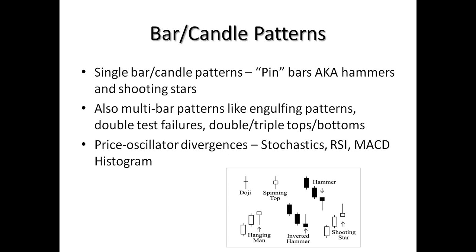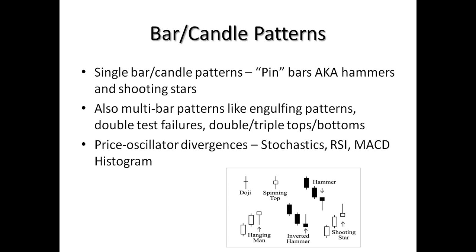Price oscillator divergences, what are they? I tend to use stochastics. Some people may use RSI, Relative Strength Index, MACD, MACD histogram, or what have you. But I tend to use stochastics. And how do I use stochastics to look for divergences in the market? When I talk about divergences, most people think of what's called regular divergence, not what's called hidden divergence.